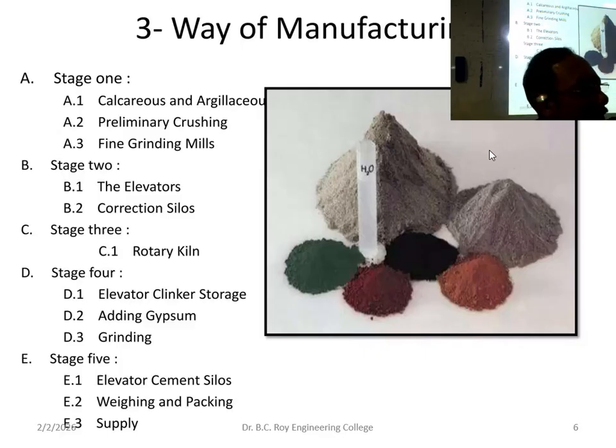Selection is done there by some sort of mesh. A mesh is a sort of filter net that collects the required size of particulates, and the particulates that are not desirable are rejected, but they go back to the grinding mill.